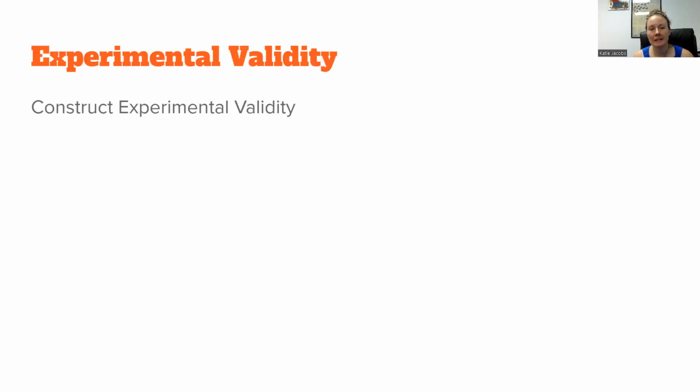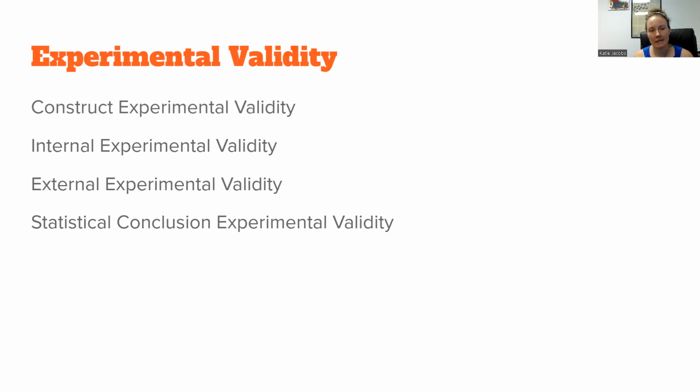So experimental validity, we're going to learn about four different types. They're called different names than what sometimes they're called out in the real world. So we're going to learn about construct experimental validity, internal experimental validity, external experimental validity, and statistical conclusion experimental validity.